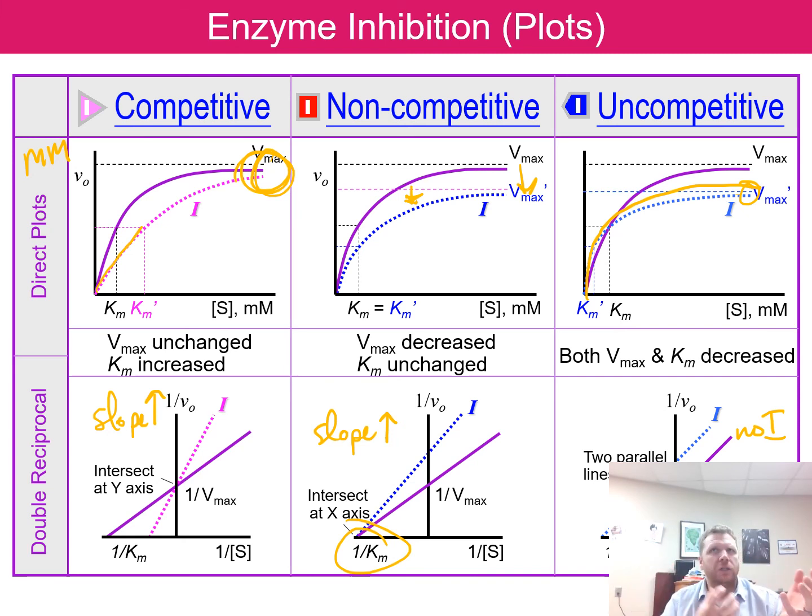Is the enzyme binding to the free inhibitor? Is it binding in combination with the substrate and the inhibitor? I want you to understand those parts of this.